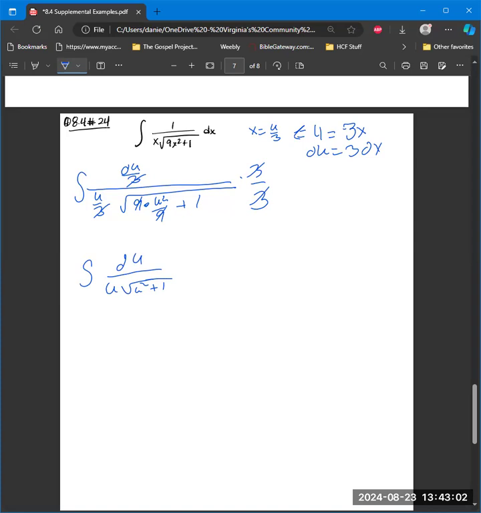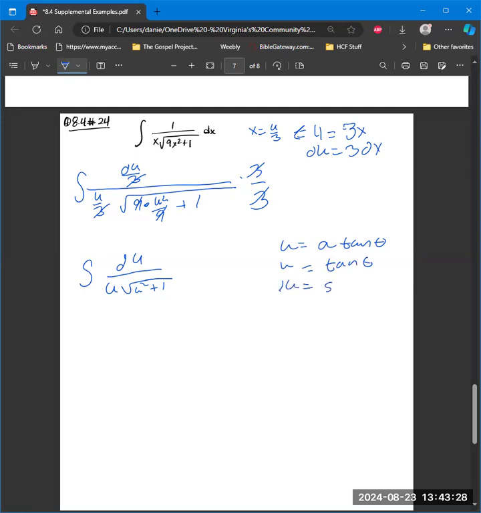And when I see u squared plus a squared, I want to use the tangent one there, where u is equal to a tan of theta. So u is equal to 1 tan of theta.